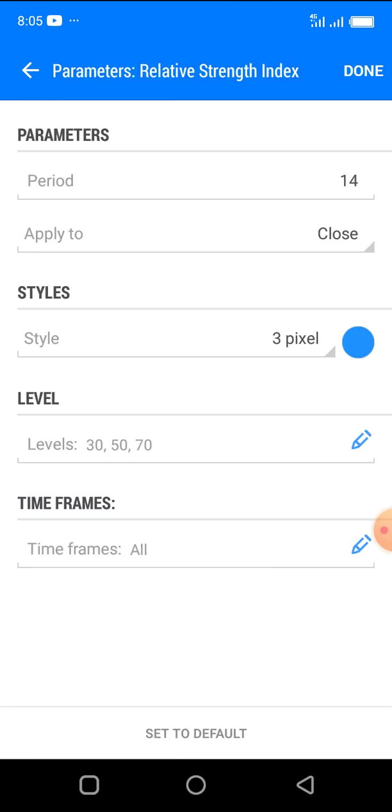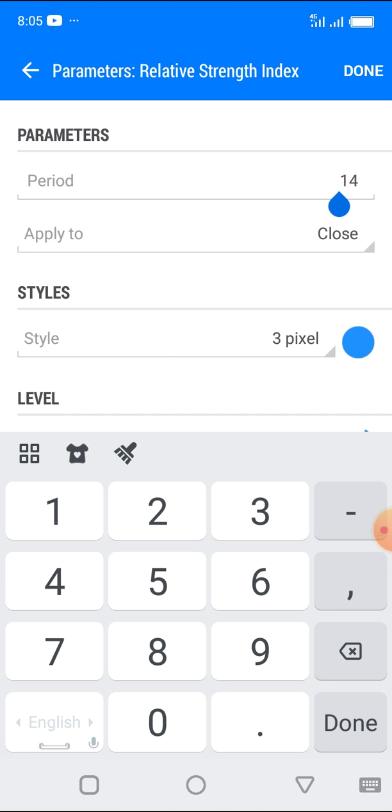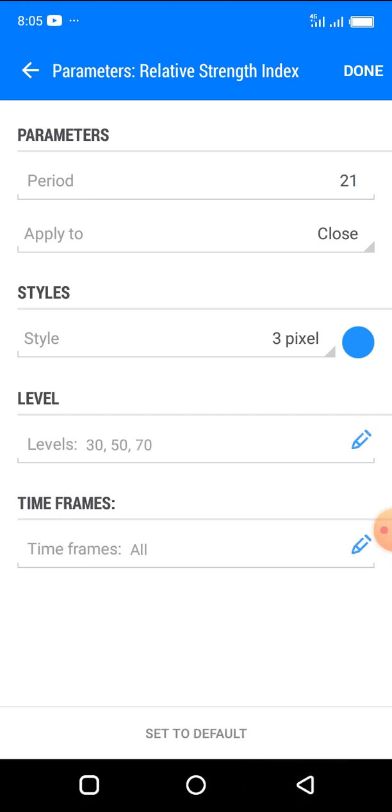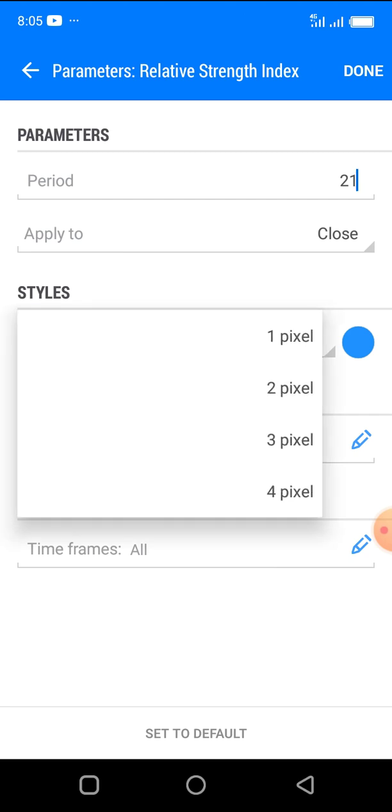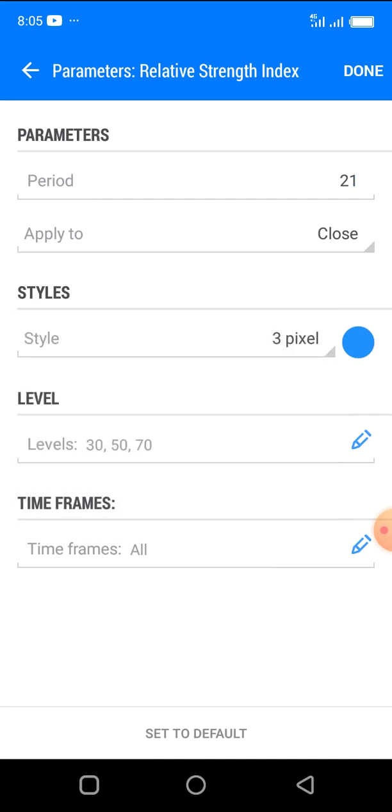I click on relative strength index. Now I set the period to 21. It is 21 period, my RSI. Apply to close. Now leave the pixel on 3 pixel.